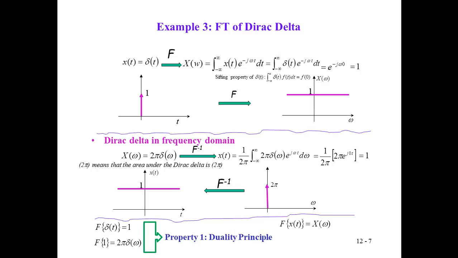That is, in general, for a given function lowercase x of t, the Fourier transform of this is capital X of omega, and if the time function is capital X with just the argument t instead of omega, the Fourier transform of this function is 2π times lowercase x of minus omega.